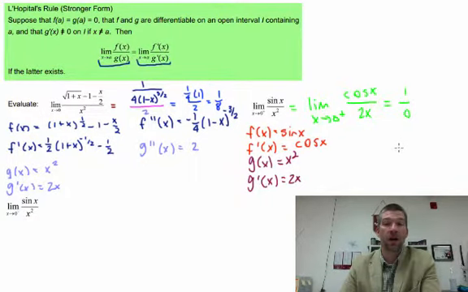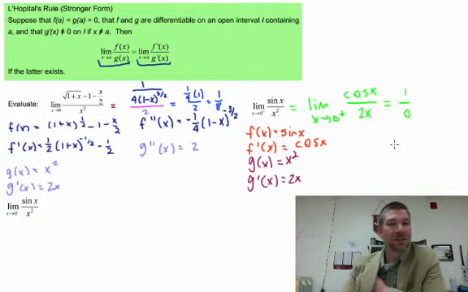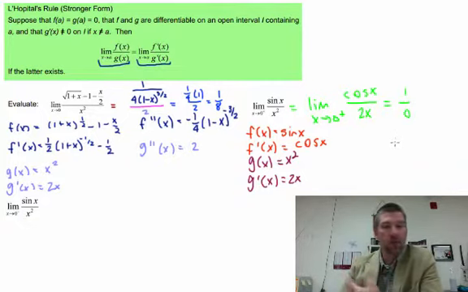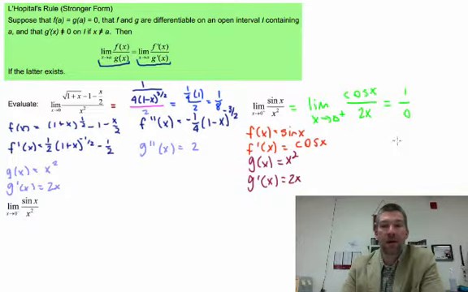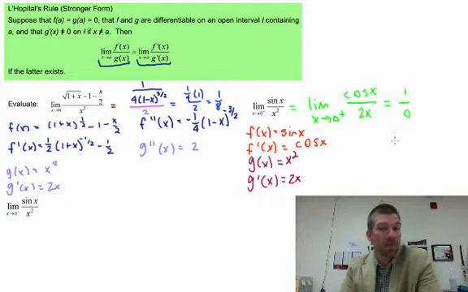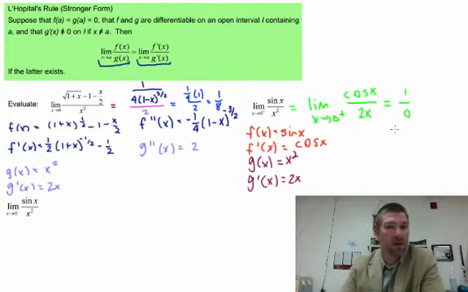Now, this is an undefined term, so we have to investigate just a little bit about our graph and what's going on. As we get close to 0 from the right, which means close to 0 from the positive side of the number line, you have a positive number on the top, less than or equal to 1, and a really small positive number on the bottom.